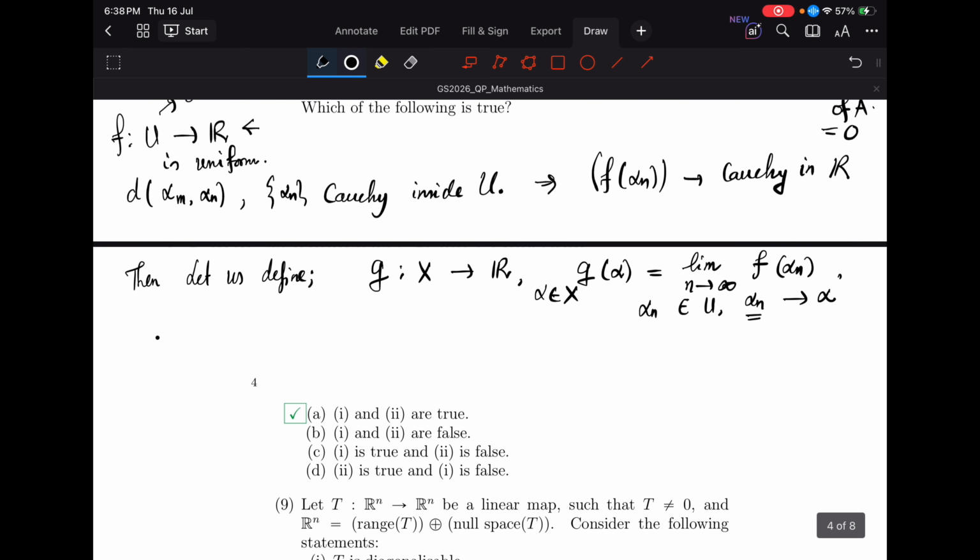And now the point is how you prove the uniqueness. So let us assume two sequences alpha n and beta n converge to alpha. Then consider f of alpha n minus f of beta n.